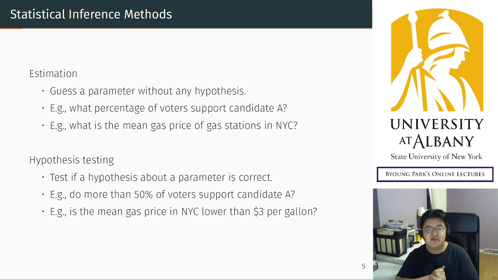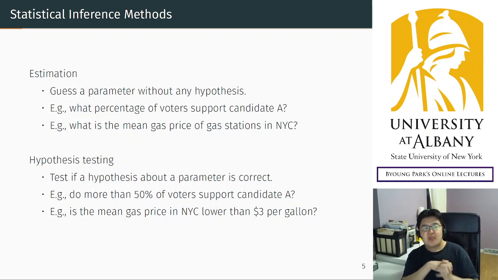Their major difference is the type of question they are answering. So estimation is to answer an open question like, what is the percentage of voters supporting candidate A? Or what is the mean gas price in New York City, right? So it's an open question. You can say 1%, 2%. You can use any number to answer those questions.